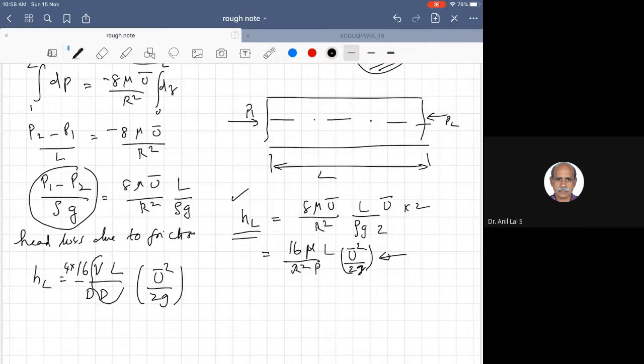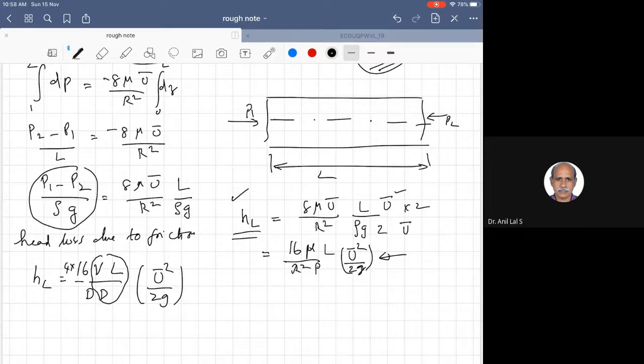When I have a multiplication of u bar here, there should be a u bar division also.